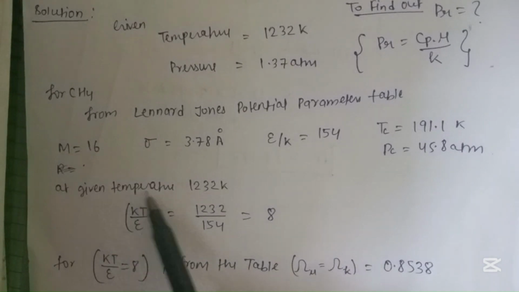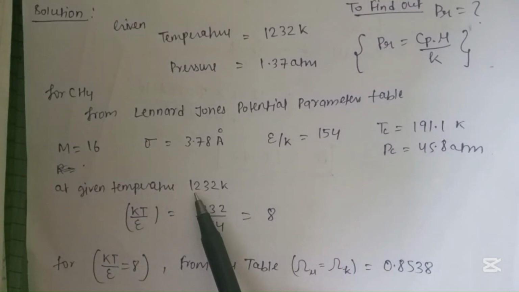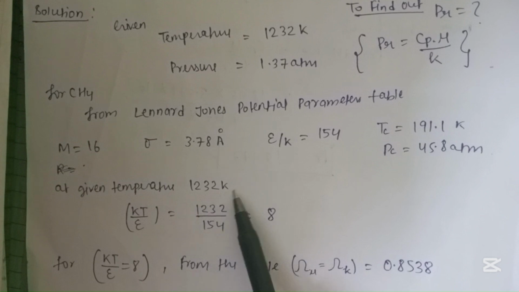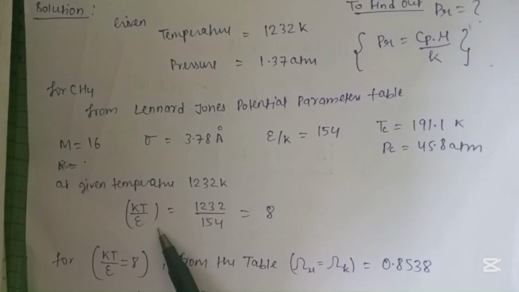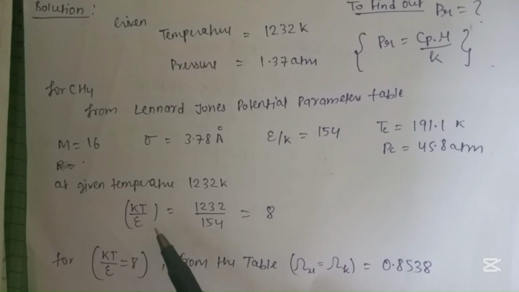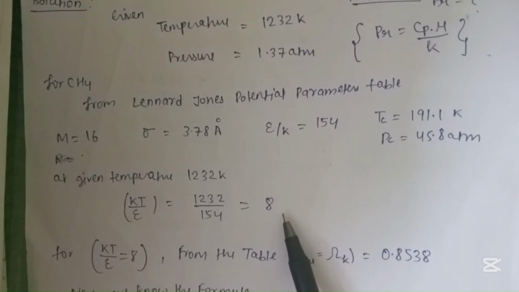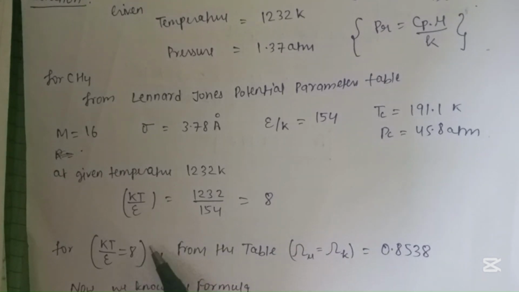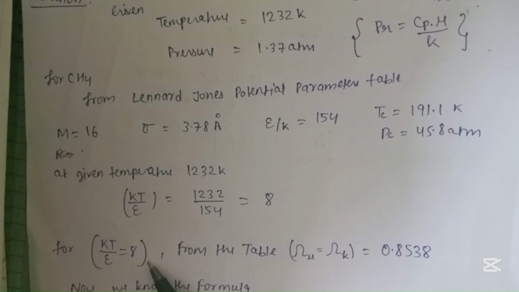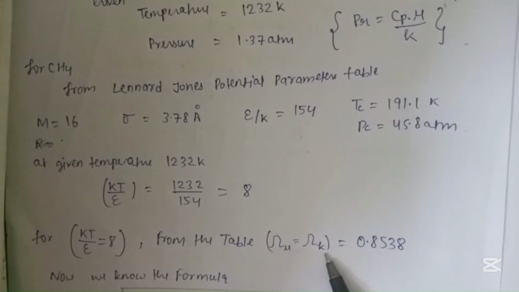At the given temperature of 1232 Kelvin, we calculate KT by epsilon as required in the formula. So KT by epsilon is 1232 divided by 154, which is 8. From the table at KT upon epsilon equal to 8, the collision integral for viscosity is 0.8538.